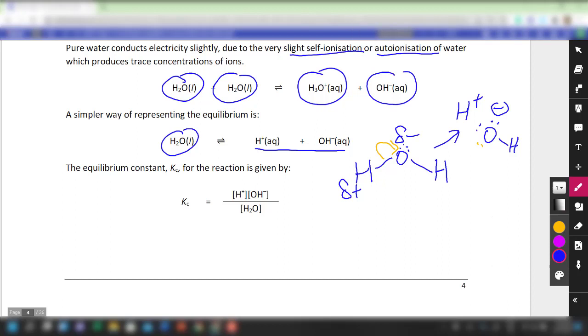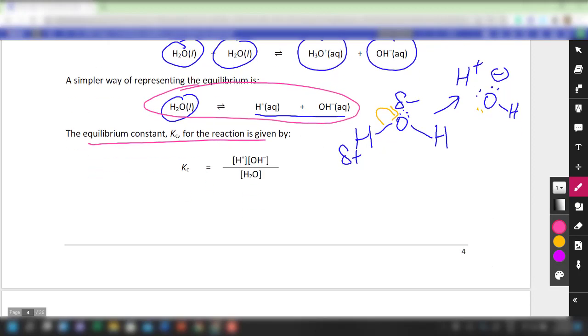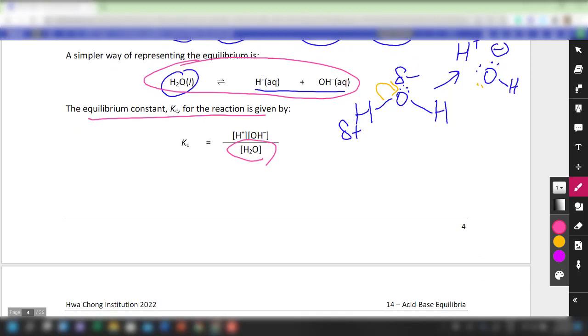Okay, so in this case, the equilibrium constant, as you have seen here, this is indeed an equilibrium. So we can write out an equilibrium constant Kc, where [H+][OH-] is divided by [H2O]. And as you know, H2O has a concentration of about 55.6 moles per dm cube, being a constant, so it will not be reflected as well.